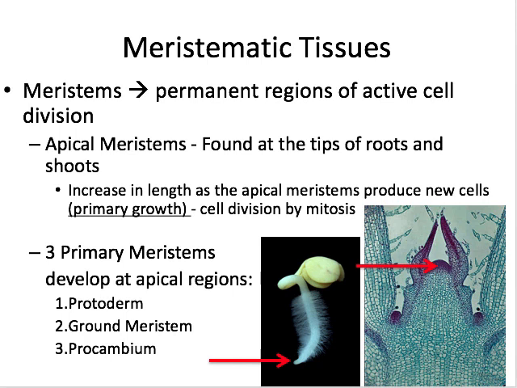Now, within this meristem, we find different regions, and these regions produce different types of cells. The first is the protoderm, which produces epidermis. The second is the ground meristem, which produces the primary plant body. And the third is the procambium, which produces the vascular tissue.